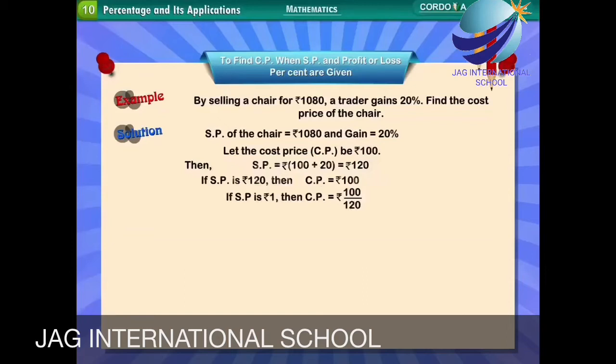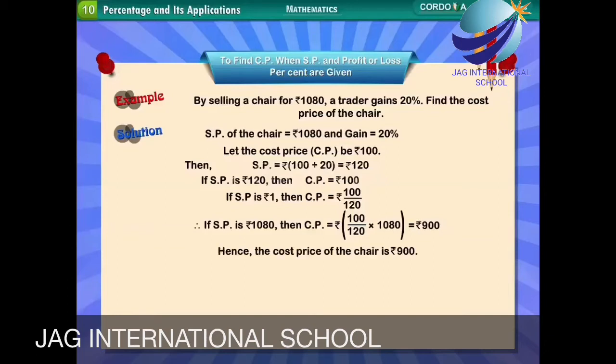If SP is rupees 1, then CP is rupees 100/120. Therefore, if SP is rupees 1,080, then CP = 100/120 × 1,080 = rupees 900. Hence, the cost price of the chair is rupees 900.